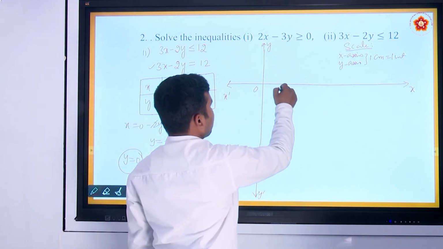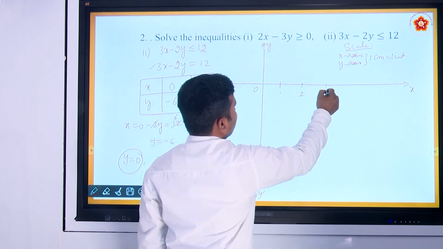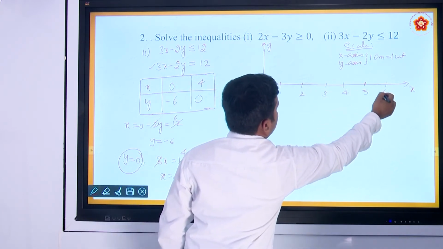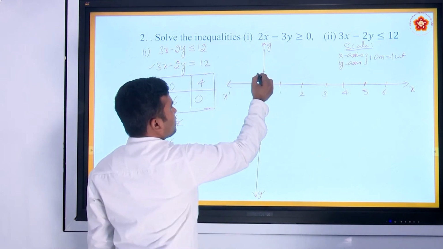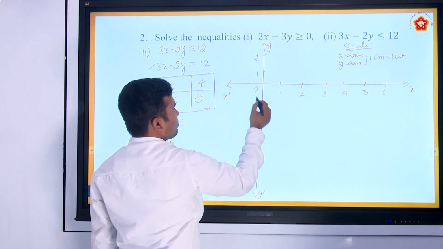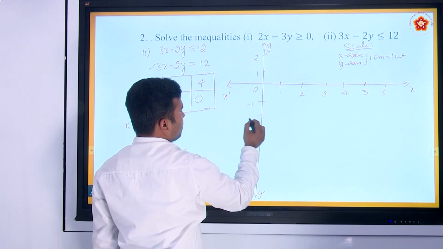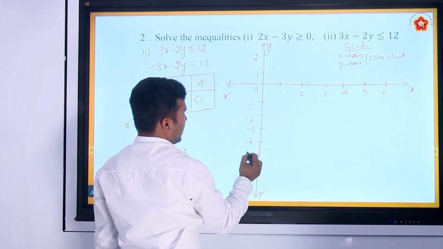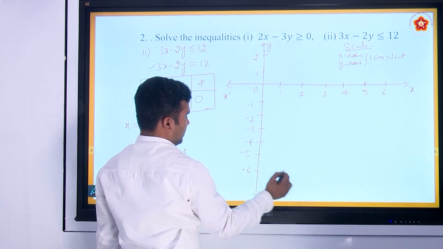So it will be 1, 2, 3, 4, 5, 6. Positive axis 1, 2, negative minus 1, minus 2, minus 3, minus 4, minus 5 and minus 6.